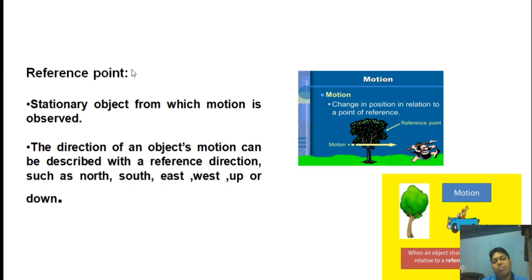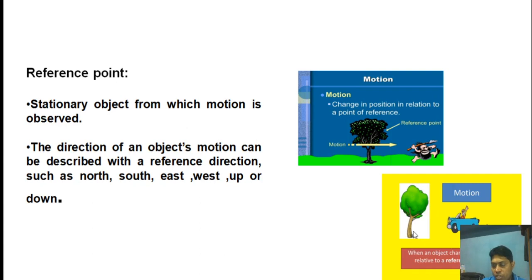So now the reference point is very important. What do you mean by reference point? Reference point means a stationary object. The object which is fixed is called a stationary object, and a stationary object is known as a reference point. Suppose this is an object, and this object is moving with respect to this other object.